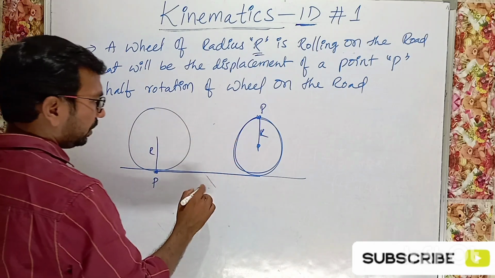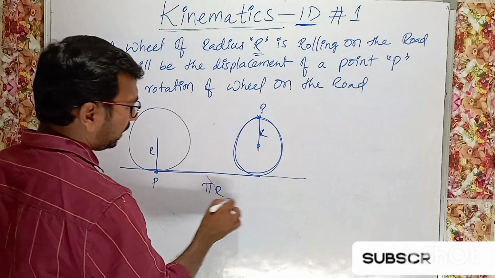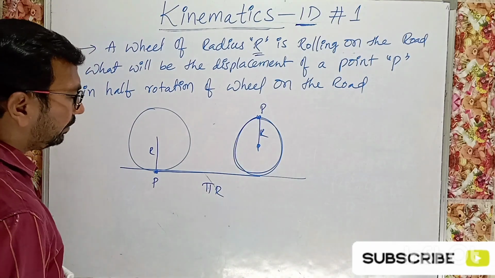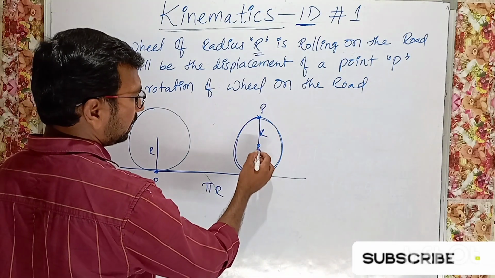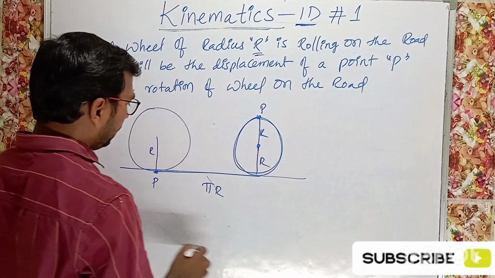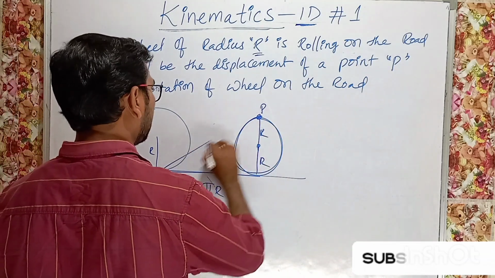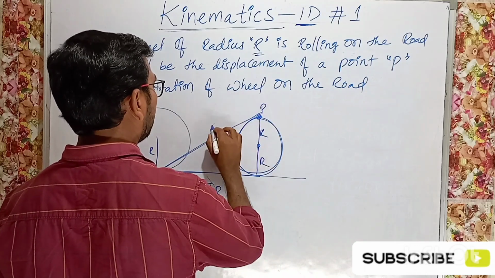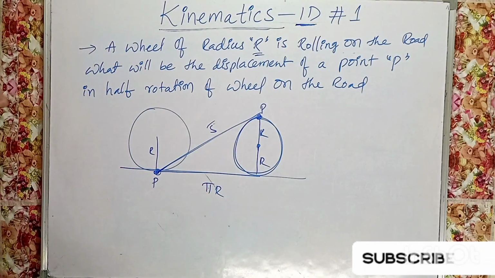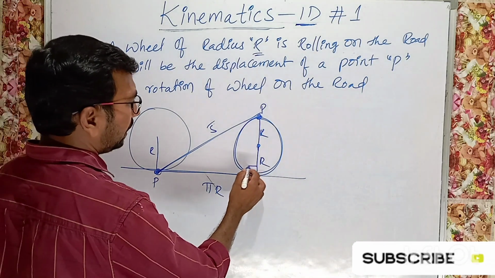The circumference is 2 pi r, so half of it is pi r, and this distance is pi r. And this is r, this is r, this is 2r. So this is the initial point and this is the final point, so this is the displacement. You can find this one. So this is a right angle triangle.